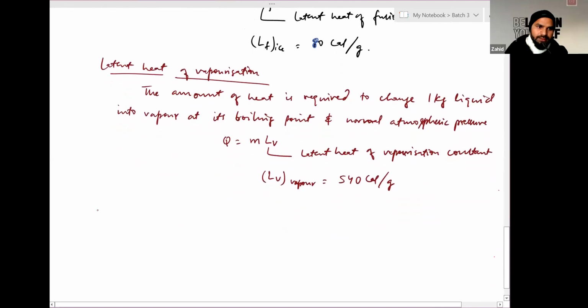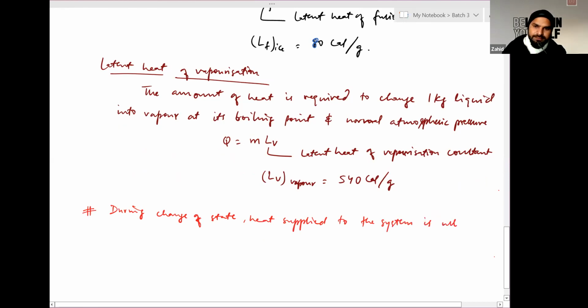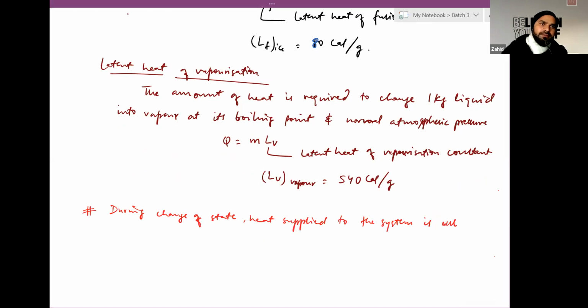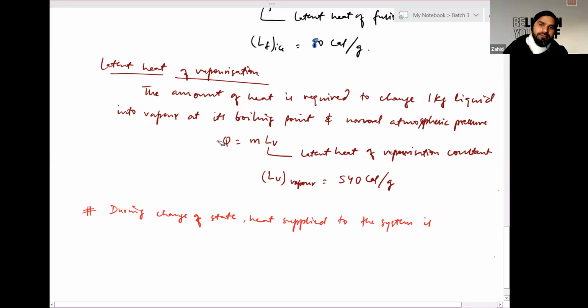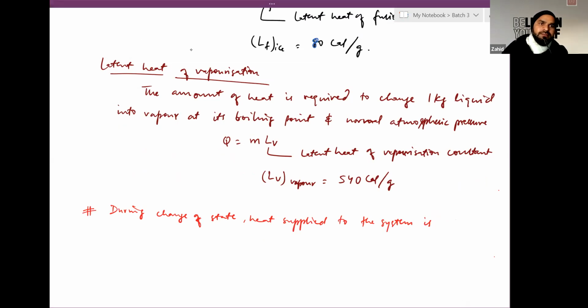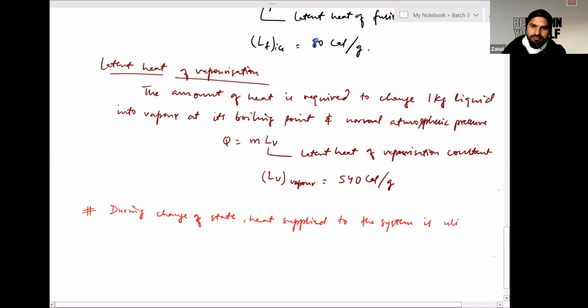One last sentence related to this part. Just remember, during change of state, heat supplied to the system is utilized in breaking of bonds.